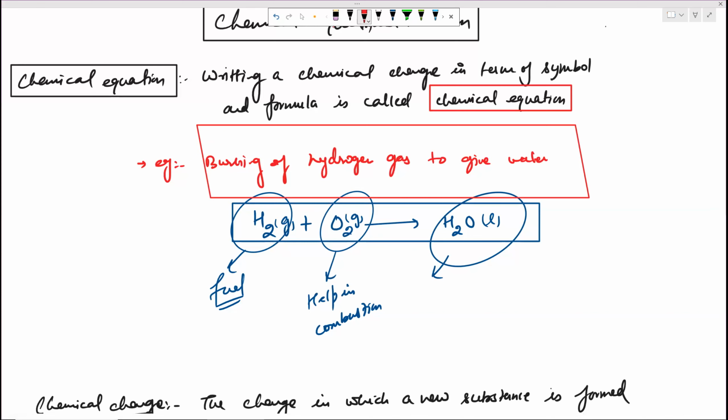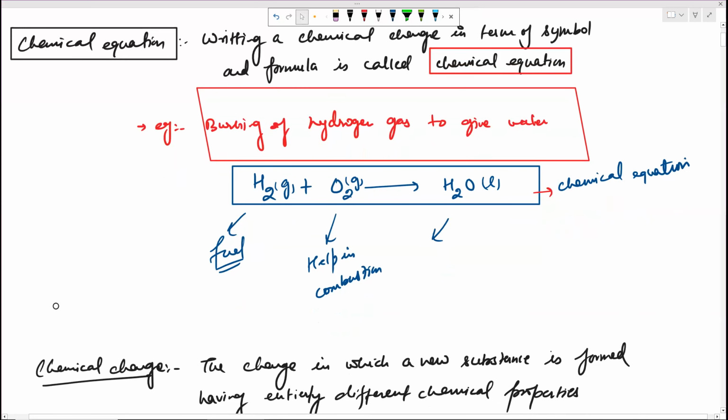H2 is the formula for hydrogen, O2 is the formula for oxygen, and H2O is the formula for water. So H2 plus O2 gives H2O. This is considered a chemical equation. Have you understood?